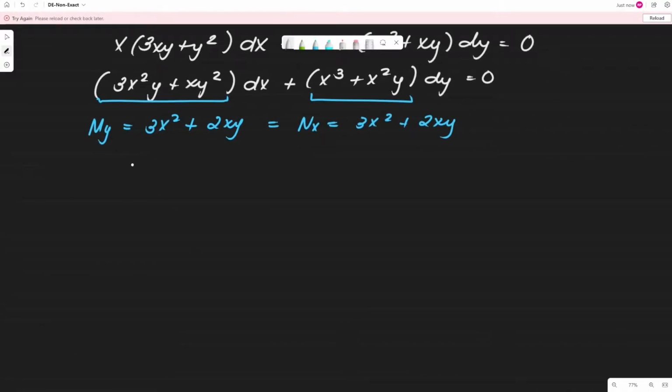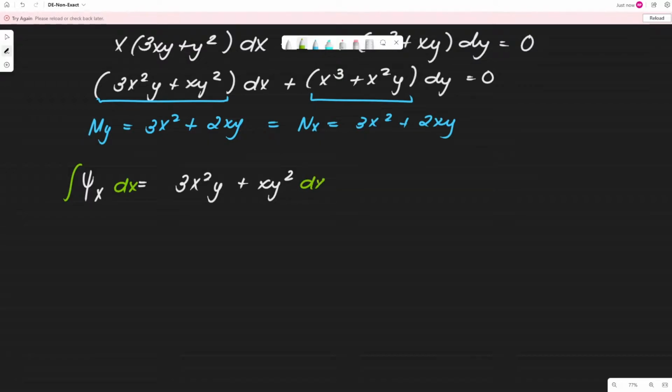So remember, no, m is equal to psi x. So we have psi sub x is equal to 3x squared y plus xy squared. Then we will get the antiderivative in respect to x kasi 'di ba? Remember, psi x is a function of x, 'di ba?